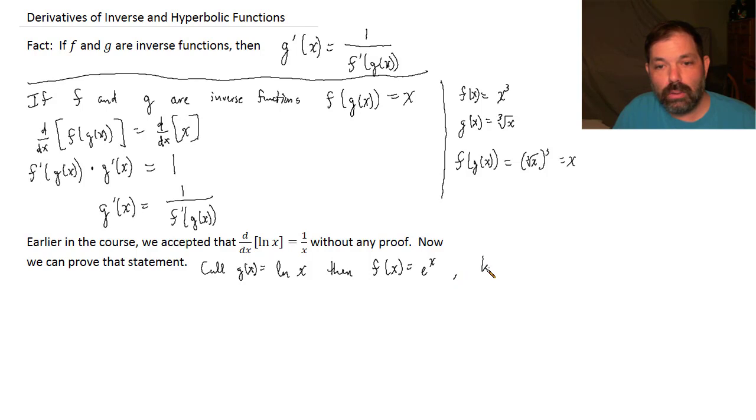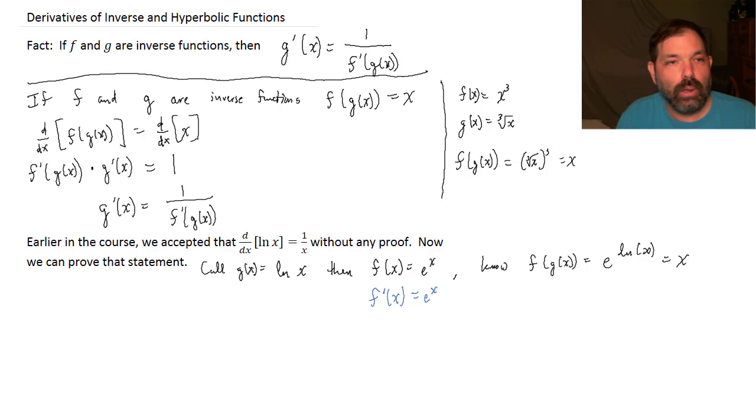And we know that f of g of x would be e to the natural log of x, which is x. They are inverses. So g of x is natural log x, and f of x is e to the x. We also know that f prime of x is also e to the x.